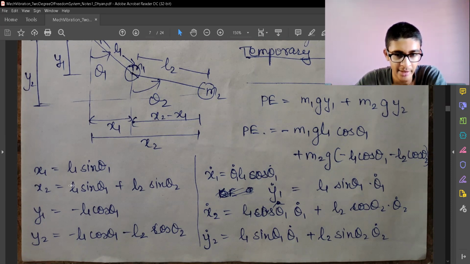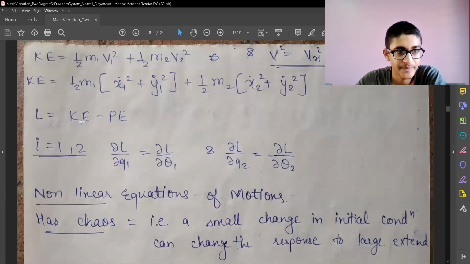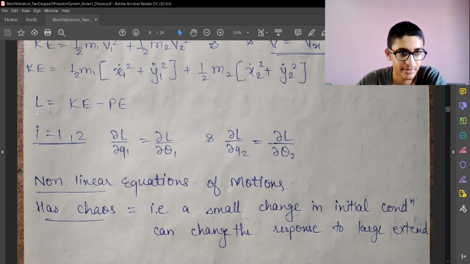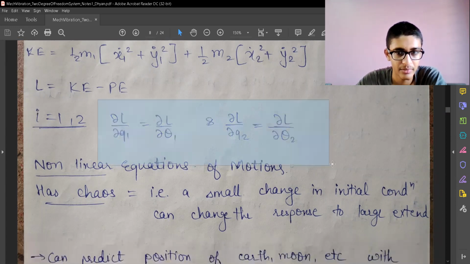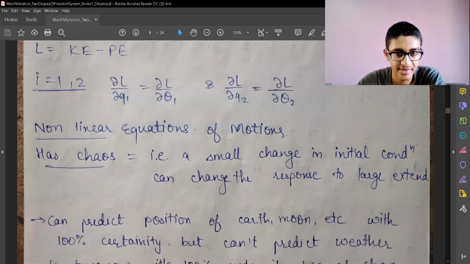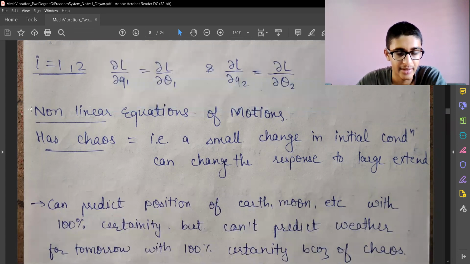So these are the equations. We have potential energy, we have kinetic energy, where velocity is converted to vx and vy squares. We write the equation of the Lagrangian and perform the necessary differentiation. And again, we'll have non-linear equations of motion.